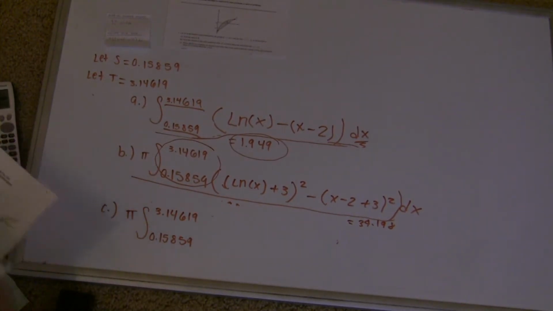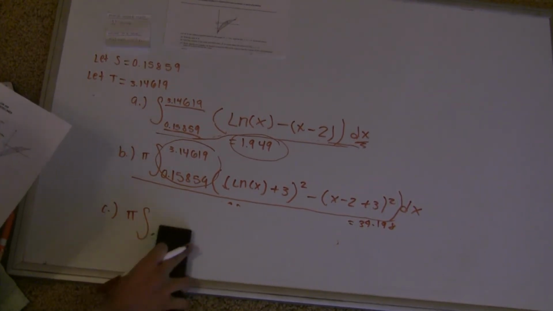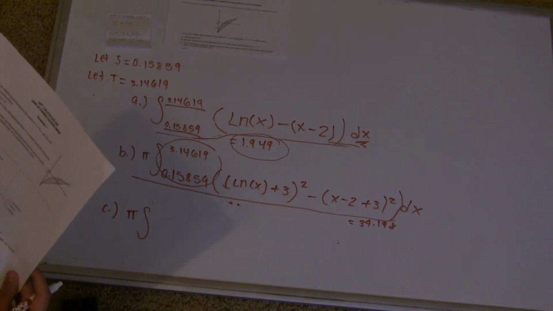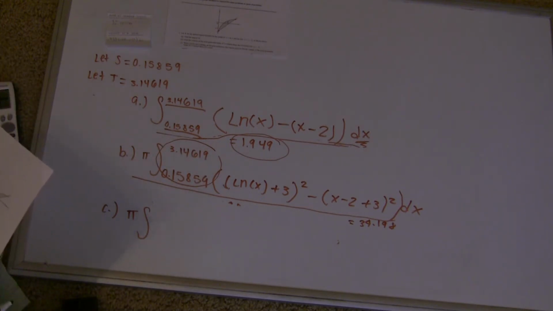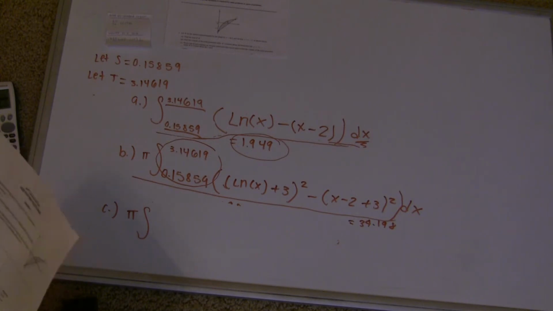Sorry guys, I messed up. The problem is asking for an expression that can be used to find the volume of the solid generated when R is rotated about the y-axis. So at this point we need to transform the equation. We have to adjust the bounds because we're changing the value of x to equal something different.